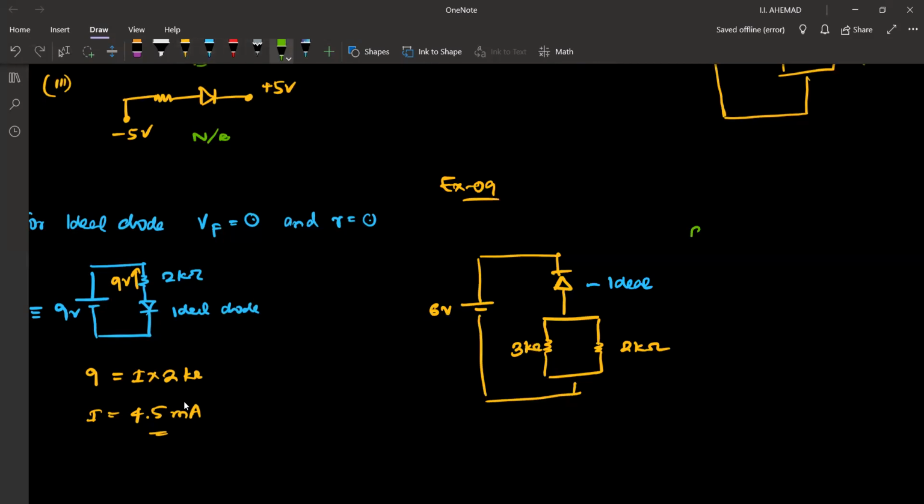So what is the current in the circuit? Current in the circuit. So here, how about the diode? Forward bias or reverse bias?